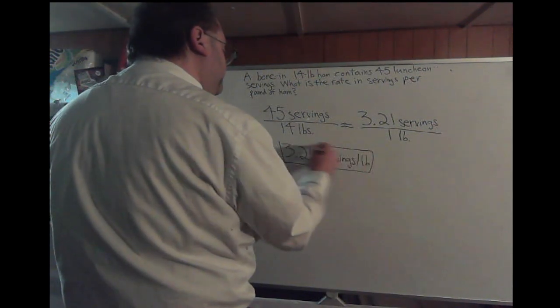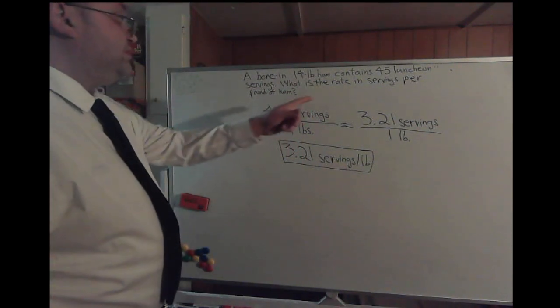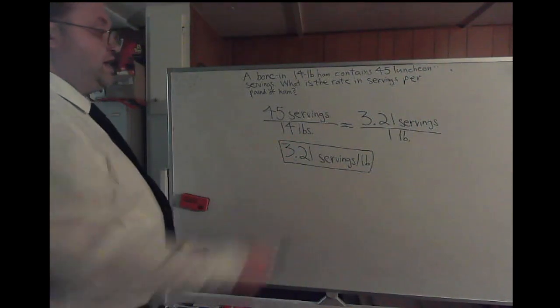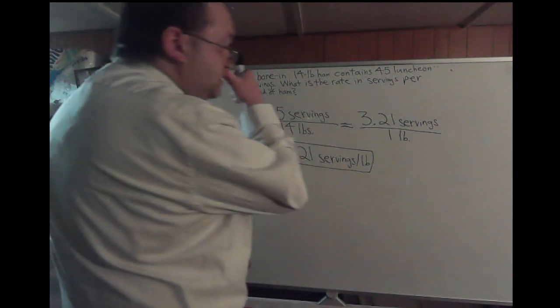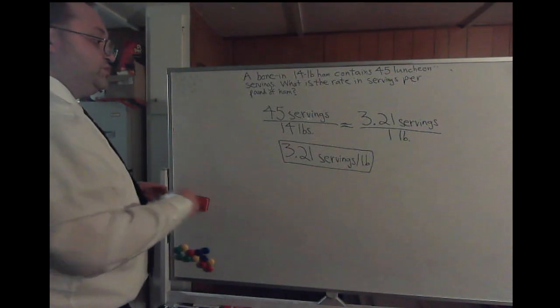So, yeah, you take what you're given. There are 45 luncheon servings for a 14-pound ham. Divide both numerator and denominator by 14. You'll get 3.21 servings per pound. That's exactly what you would get.